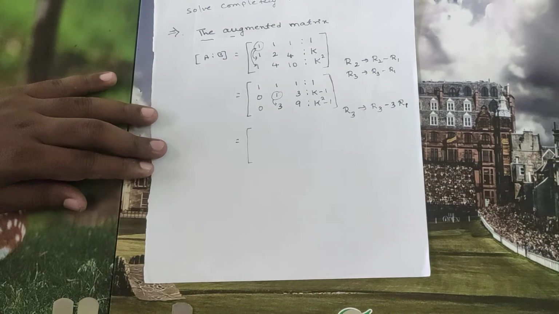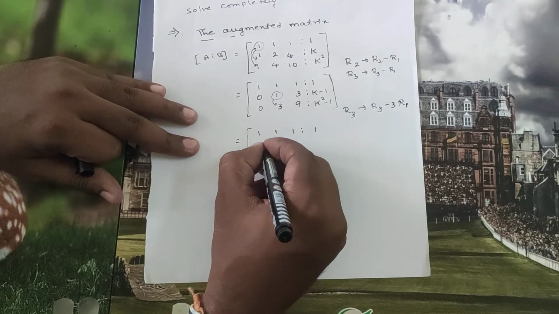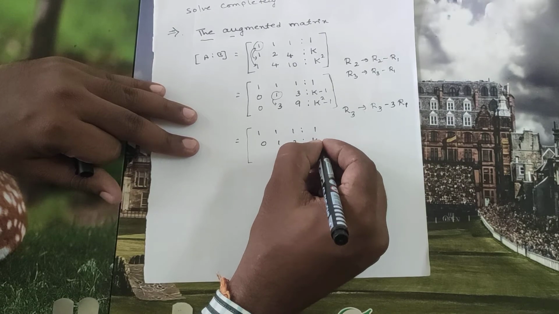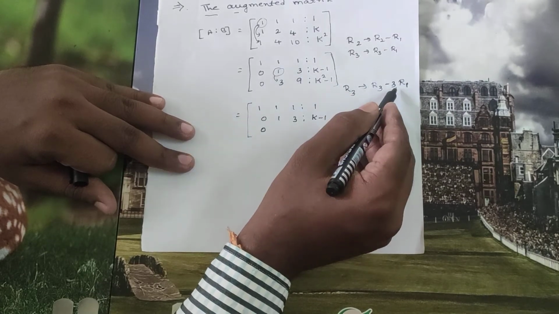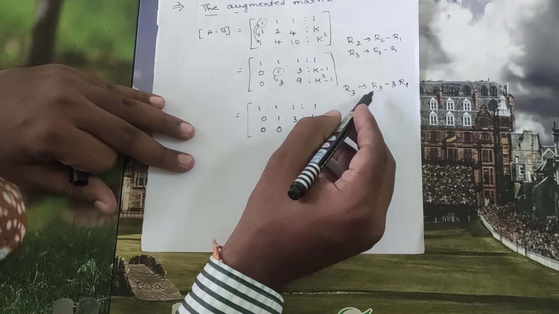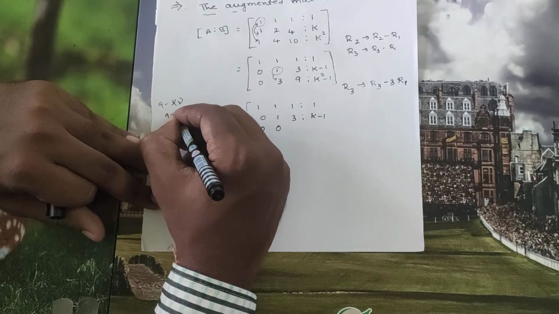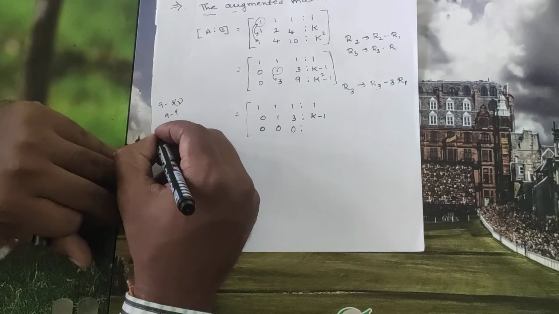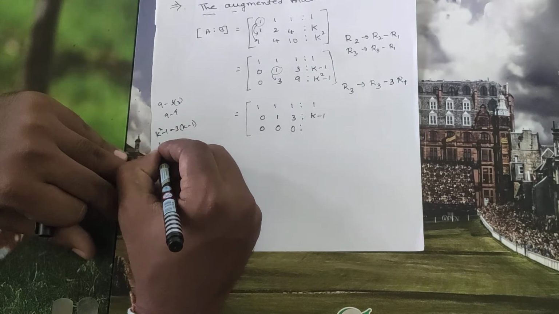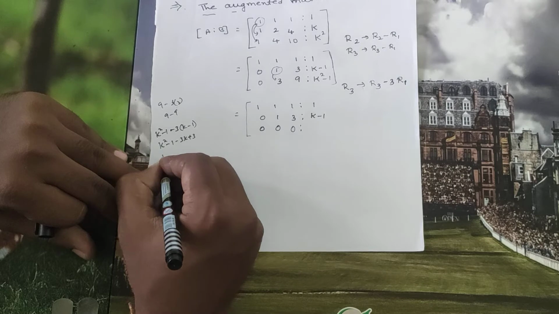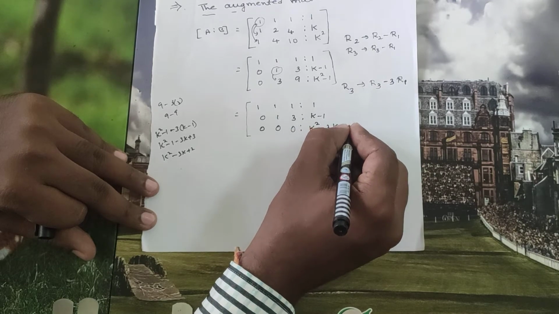The matrix is 1, 1, 1, 1; 0, 1, 3, k minus 1; and here 0, 3 minus 3 into 1 you get 0, 9 minus 3 times 3 is 9, 9 minus 9 you get 0, and here you get k square minus 1 minus 3 times k minus 1, so k square minus 1 minus 3k plus 3, so you get k square minus 3k plus 2.